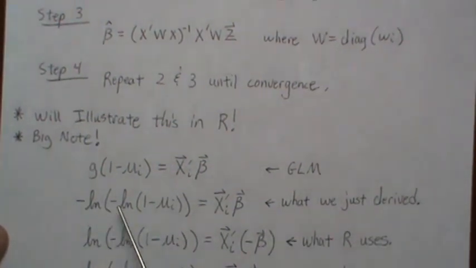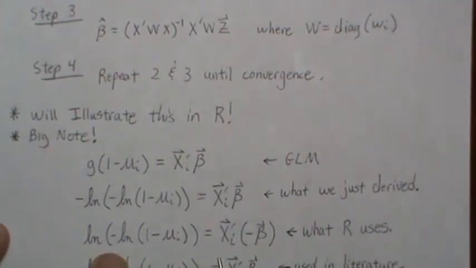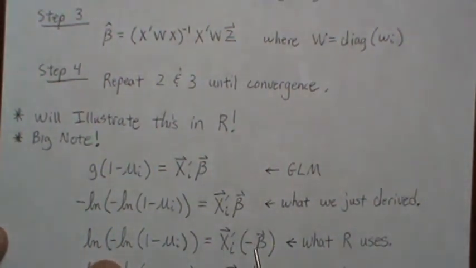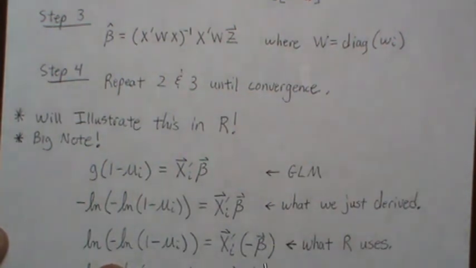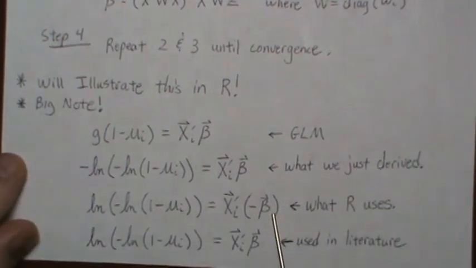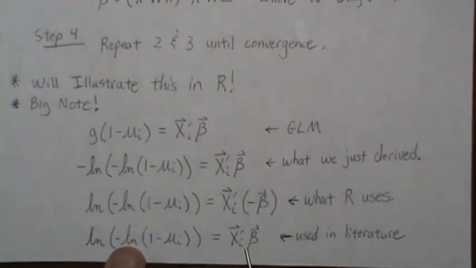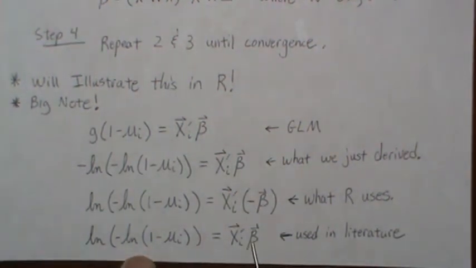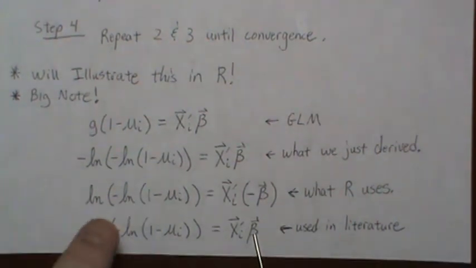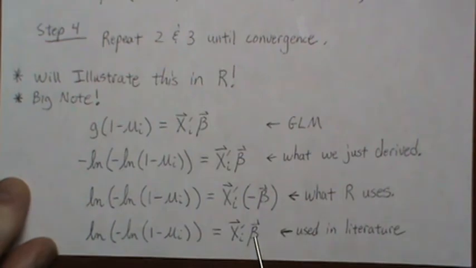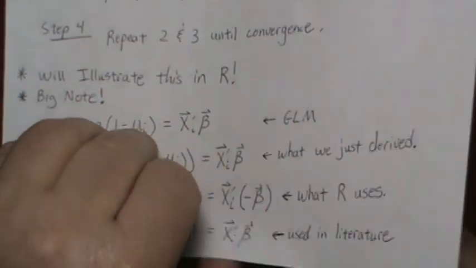So they take that minus and put it in there and then model it. But what is crazy in my mind is that no one describes it like that. They just say x_i beta_i. But if we were to model this and this, the betas would have opposite signs. And so really they're modeling the minus beta. And I'll even point that out a little more.